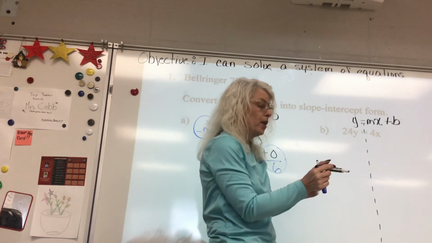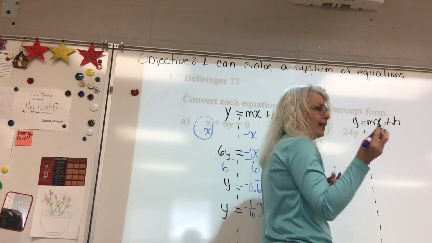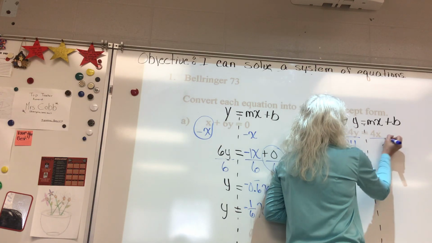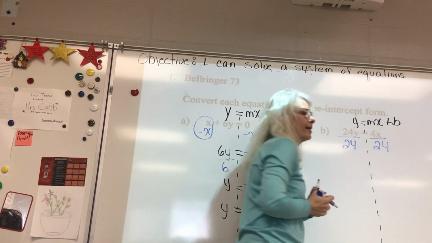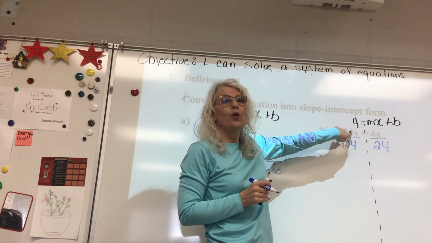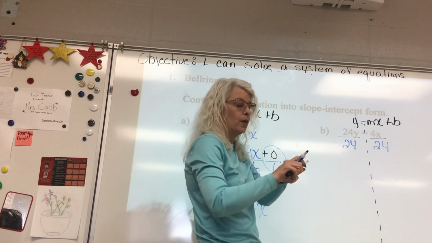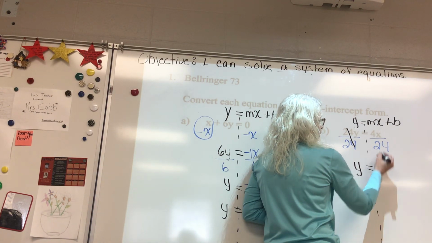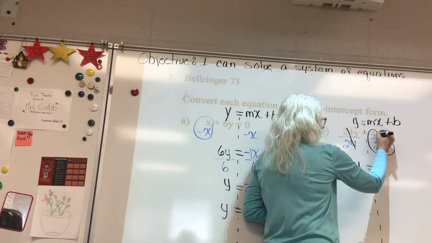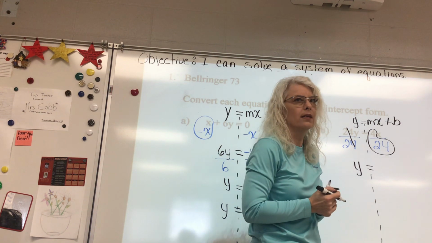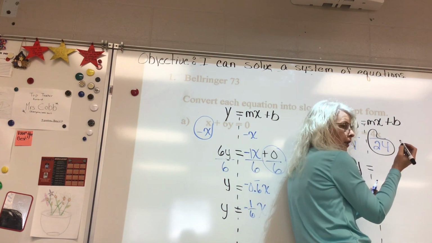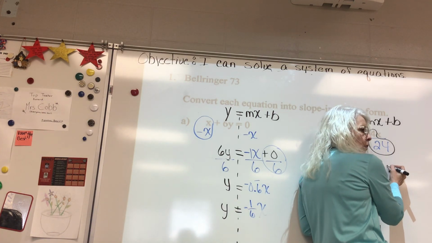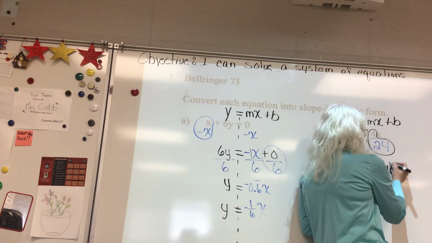No. So what am I going to do to rip it off of there, Brayden? Divide everything by 24, just like Brayden said. 24 divided by 24 is 1. So I'm going to write down my 1y, my equal sign, and then 4 divided by 24 is, I have no idea. What is it?